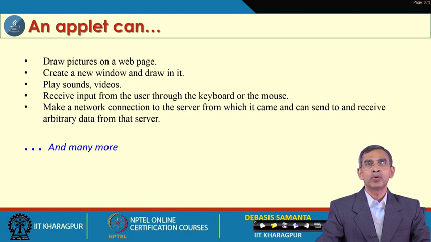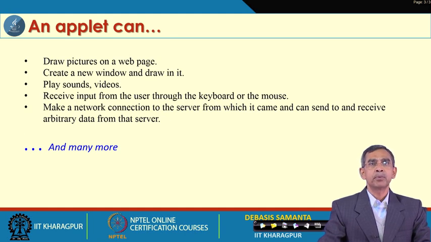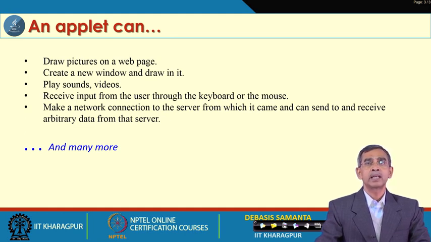Now, what can an applet do for us? Using an applet, a user can draw any pictures on the interface, I mean the graphical display screen. It can create a new window, and this window can be enabled to draw any graphics. It can play sounds, audio, video. It can also receive input from the user through the keyboard or the mouse, but not input the conventional way that a core program allows, such as reading an integer, float or string.